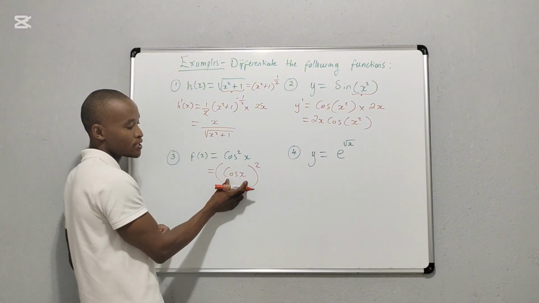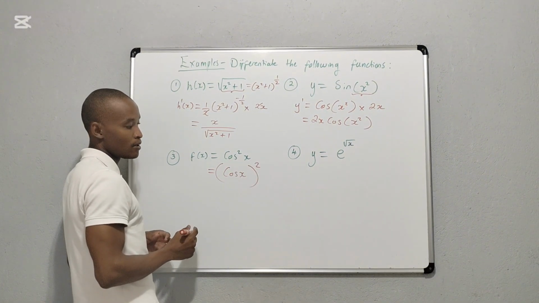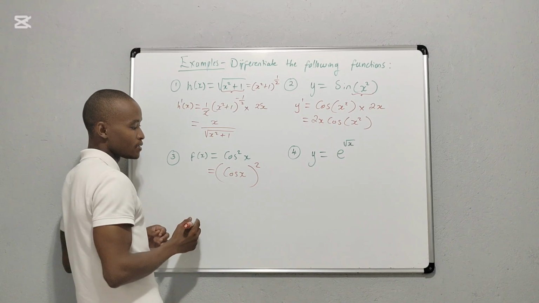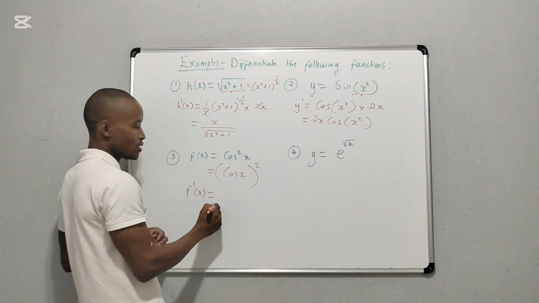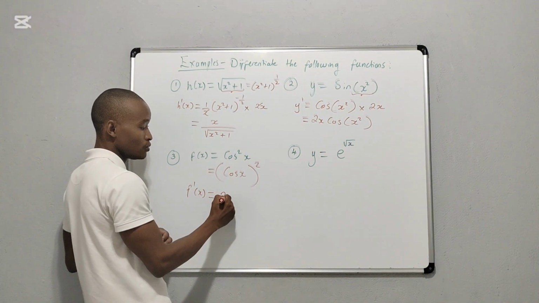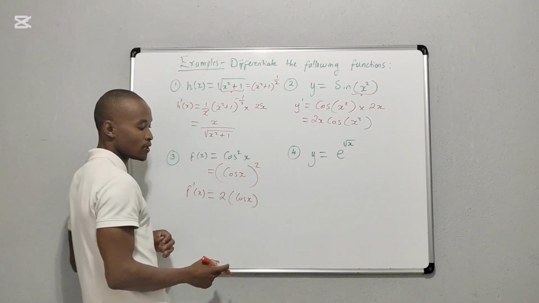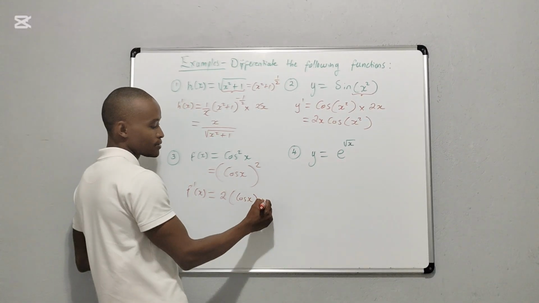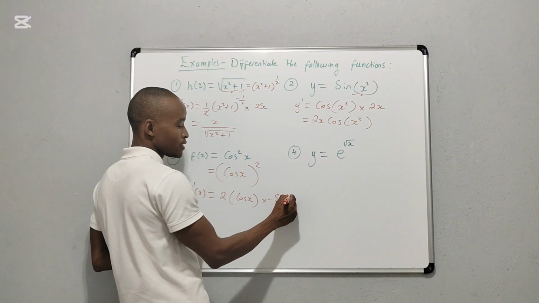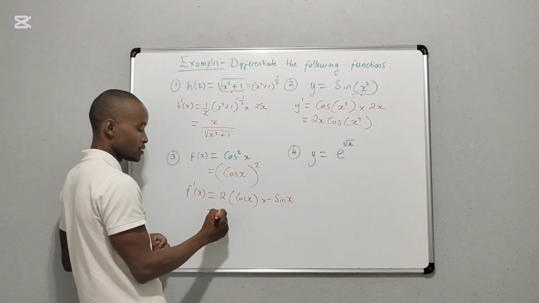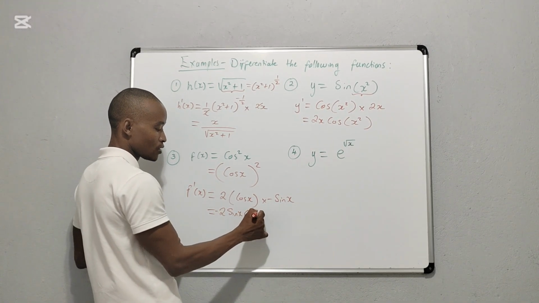Yes, so the inner function is obviously sine x, and the outer function here is the power function that is given there to the degree 2. So f prime of x will be equal to 2 sine x, or 2 minus 1 is 1, okay, times the derivative of the inner function, which is cos x. So this is 2 sine x cos x.